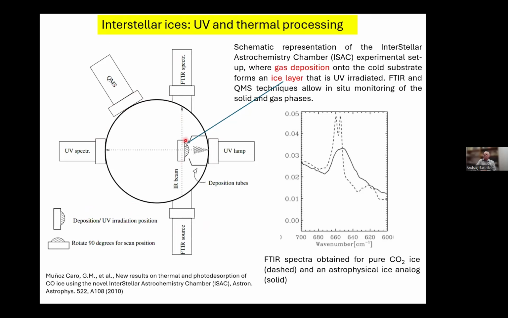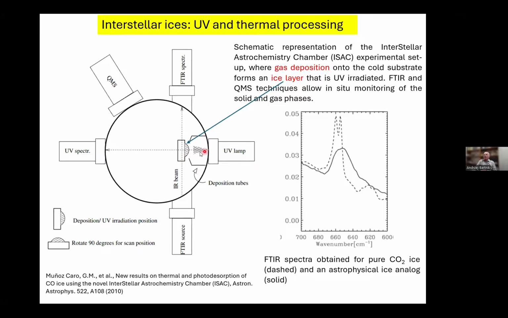This is one of the examples. And here you can see a cryogenically cooled plate. On this plate is deposited material originating from different gases present in the interstellar medium, like, for example, CO2, CH4, etc. And they are deposited on this plate.